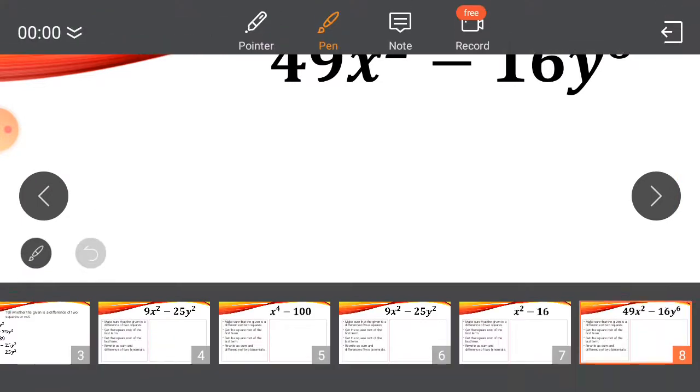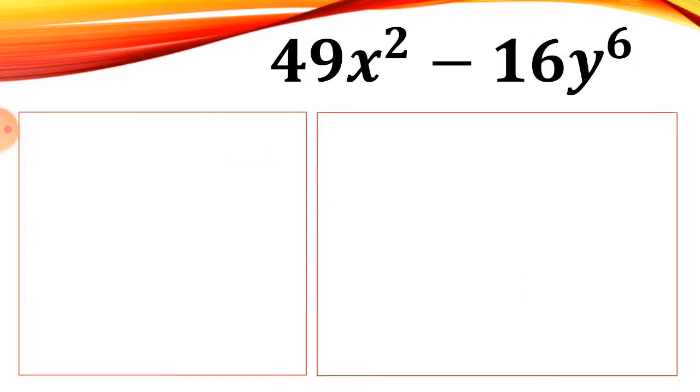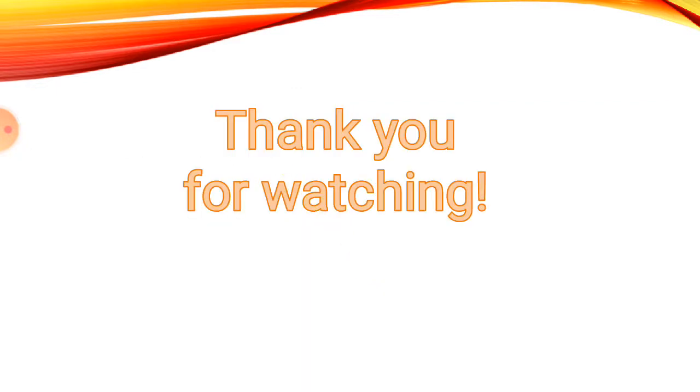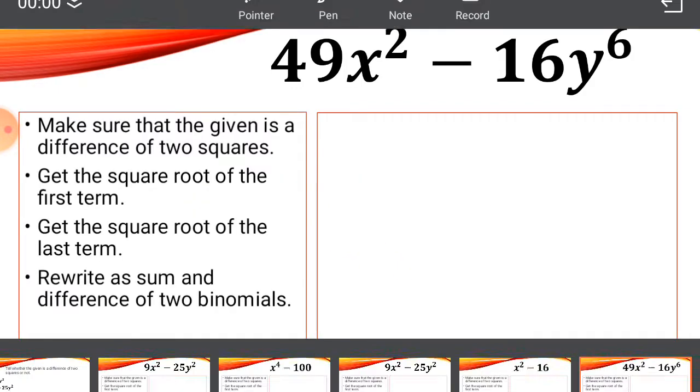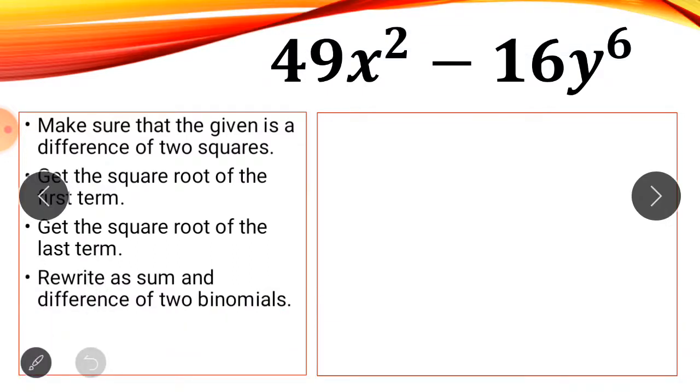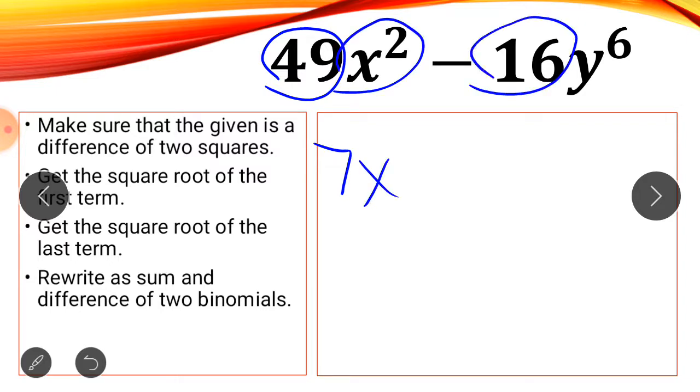Next, we have this one, 49x squared minus 16y raised to 6. So both the exponents are even numbers and the numbers have a square root. So the square root of 49 is 7. Square root of x squared is x. Square root of 16 is 4.